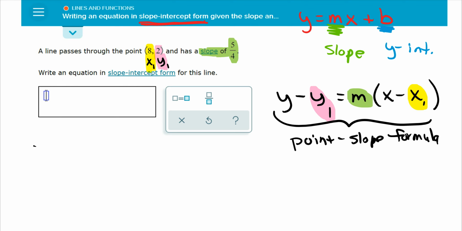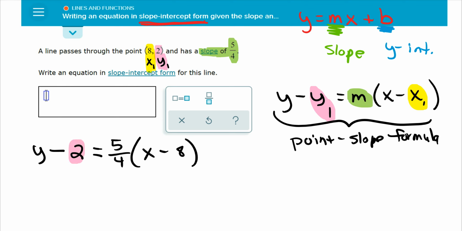So my equation is going to become y minus 2 equals 5/4 times x minus 8. I put the 2 here, that's the y sub 1. The slope is where the m was, and the 8 is where the x was.